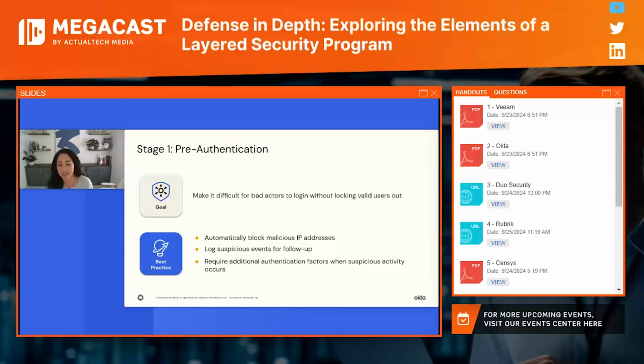So things like logins from a country the user is not known to have traveled to, or logging in from a new and unknown device, or if they were originally logged in from a location, let's say somewhere in Wisconsin, but are now logging in about 20 minutes later from a location overseas. It's in these cases where requiring additional authentication factors can help improve identity security without having to lock valid users out of their accounts.